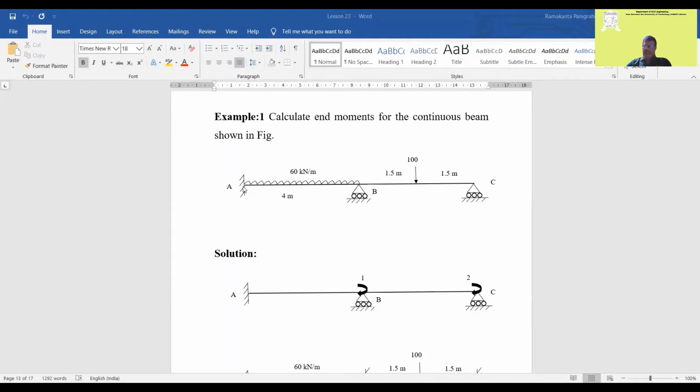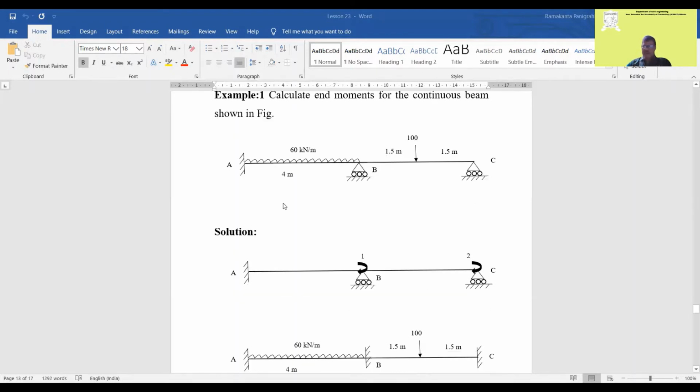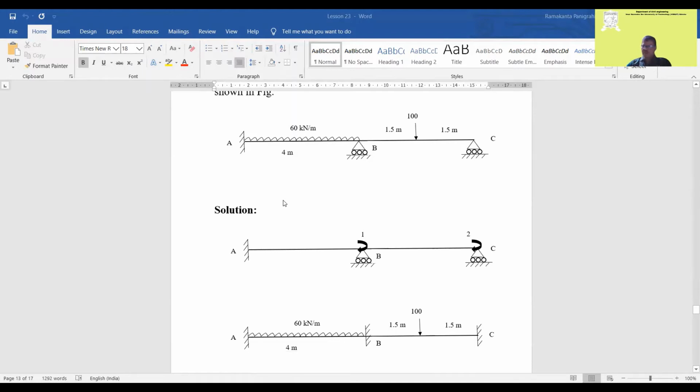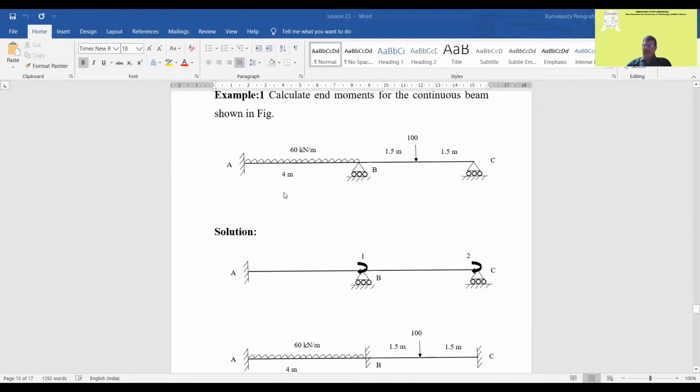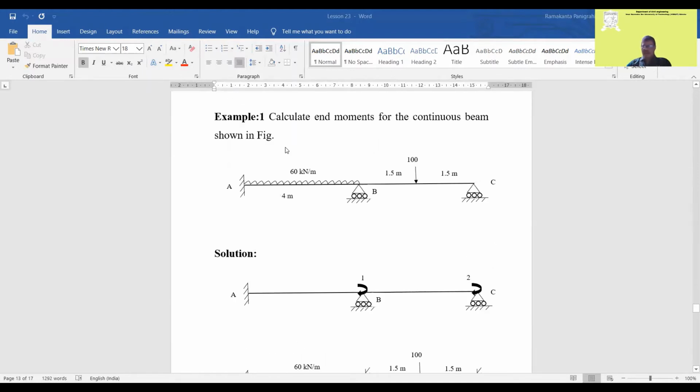There is a UDL of 60 kilonewton per meter acting on the span AB. Span is 4 meter. If you talk about the moment of inertia and Young's modulus, they remain the same. Nothing is mentioned in the question, which means they remain the same throughout the problem.